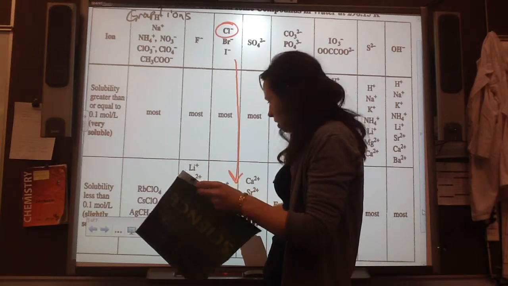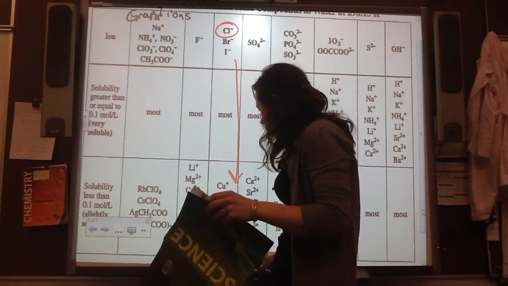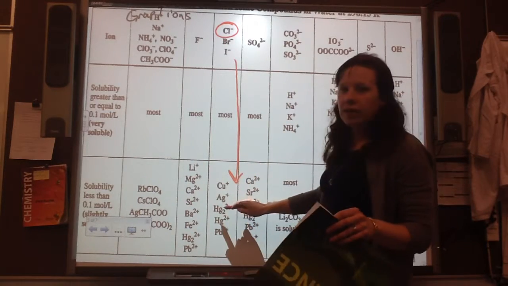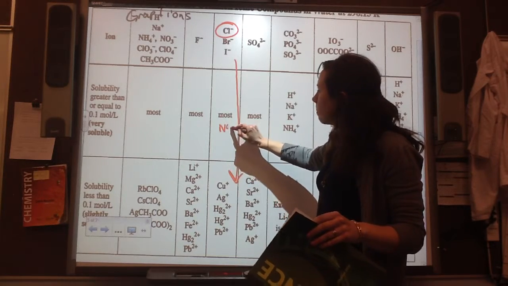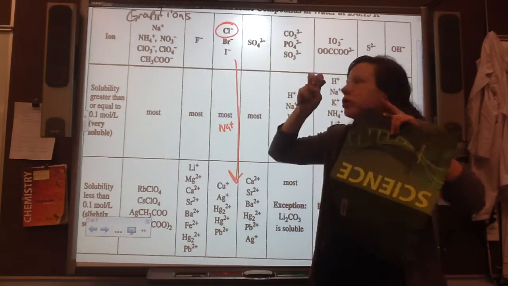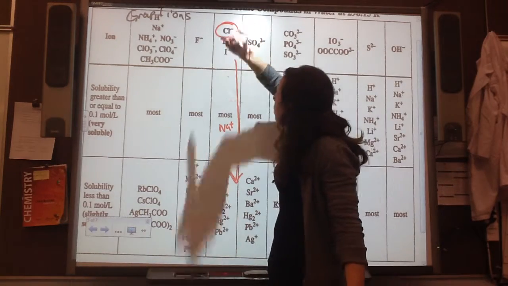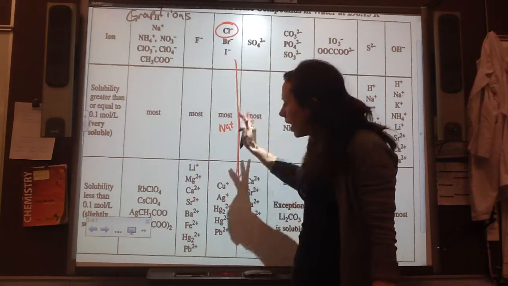Yours doesn't have mercury here, I think, and it has palladium there too. But anyways, our sodium is not in this column, so it must fit in with the most. So sodium must be a part of the most. Okay, so that's the second step. So we found one of the ions, then we found down the column where the other one would be.